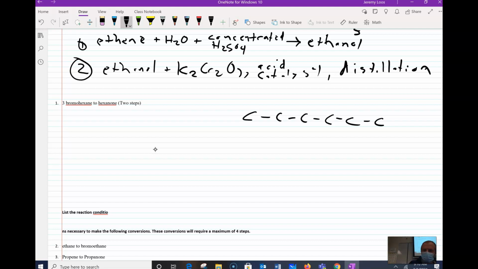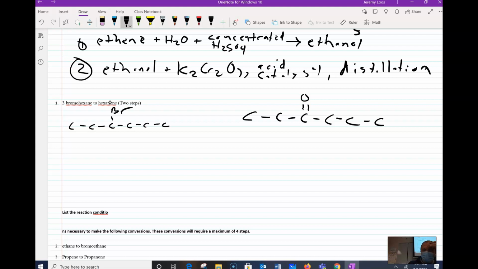It definitely should, but the only one that we're going to be able to make here is hexan-3-one, which is this one. So I have to get that specifically, even though it doesn't say, and plus that's the only ketone I'm going to be able to make. And I'm going from 1, 2, 3, 4, 5, 6.